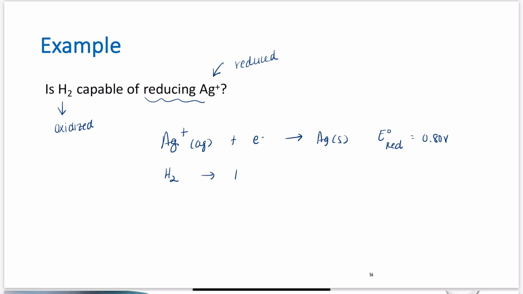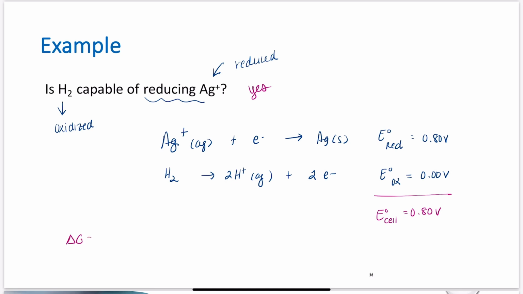H2 being oxidized to form 2 moles of H+ and 2 electrons. 0.00 volts. Overall, the cell potential here is a positive 0.80 volts, which means yes, this is possible.